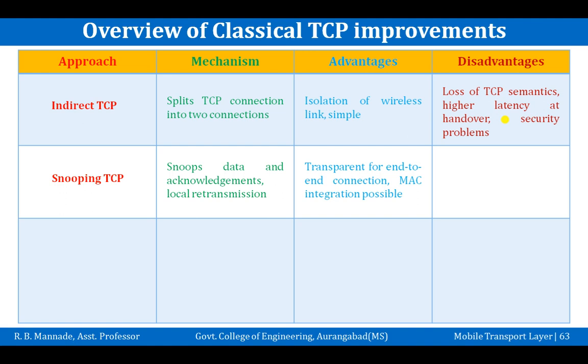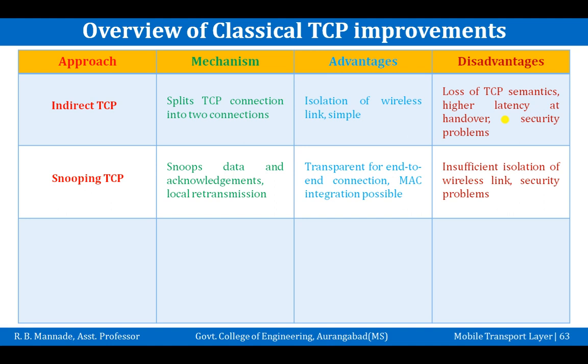The advantages of snooping TCP are that it is transparent for the end-to-end connection, which means it retains the end-to-end mechanism of TCP, and medium access control or MAC integration is possible. The drawbacks of snooping TCP are insufficient isolation of the wireless link, and again it has some security problems.